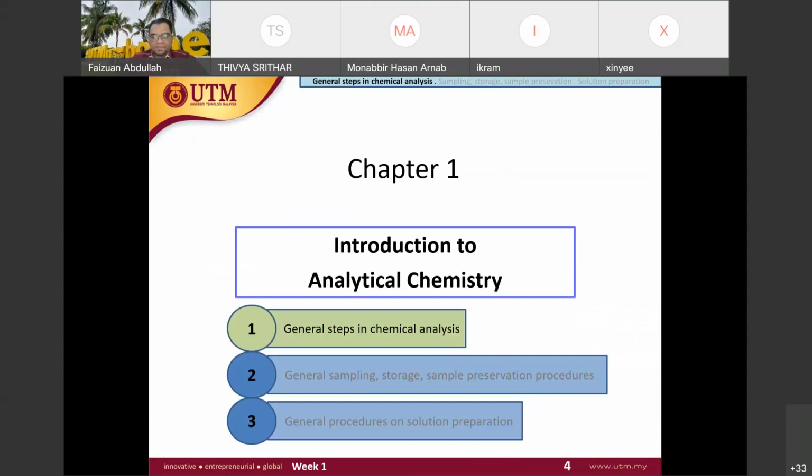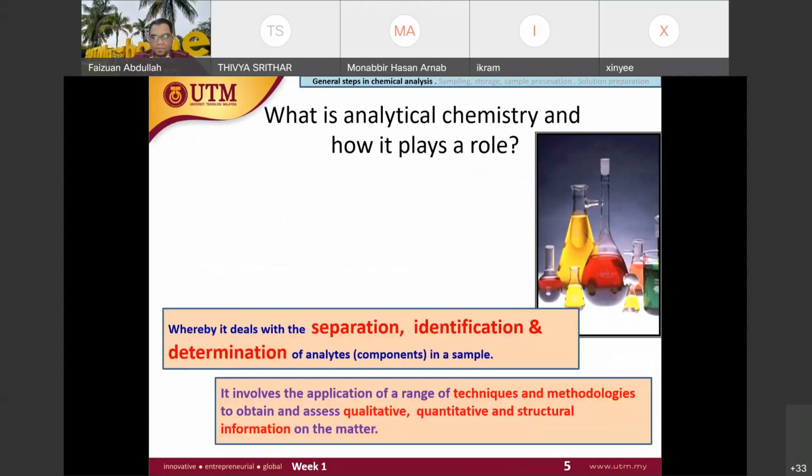So, general steps in chemical analysis. What is analytical chemistry and how does it play a role? It deals with the separation, identification, and determination of analytes in the sample. It involves the application of a range of techniques and methodologies to obtain and assess qualitative, quantitative, and structural information of the matter.